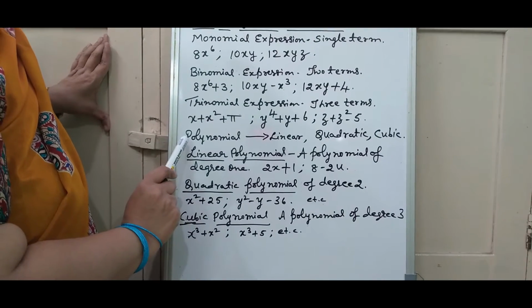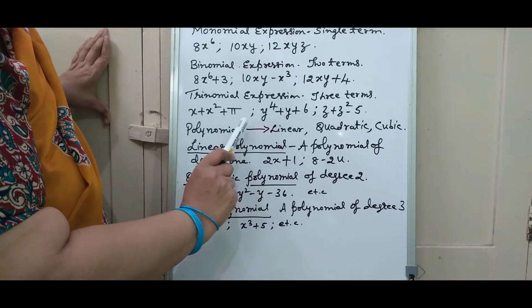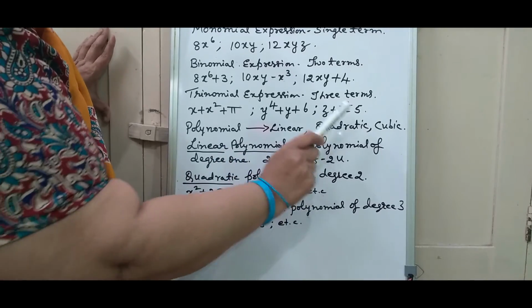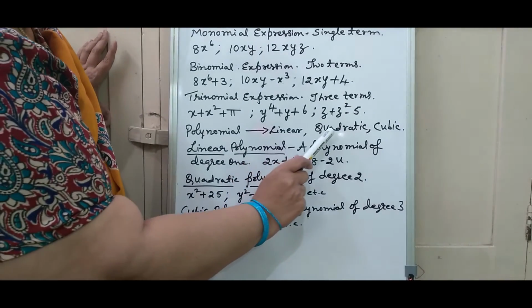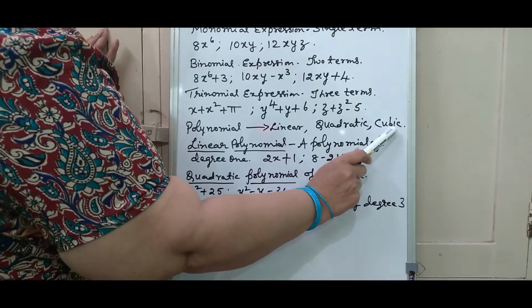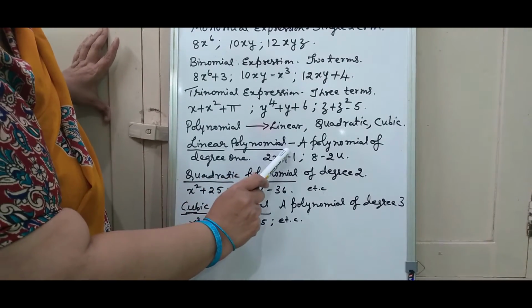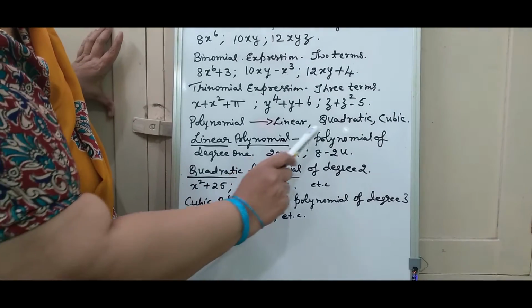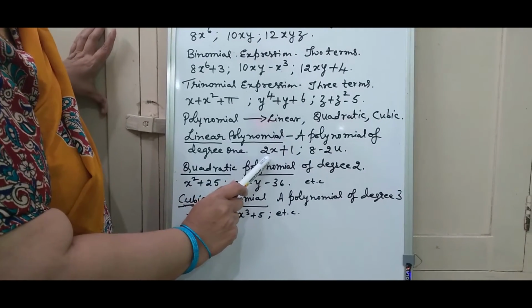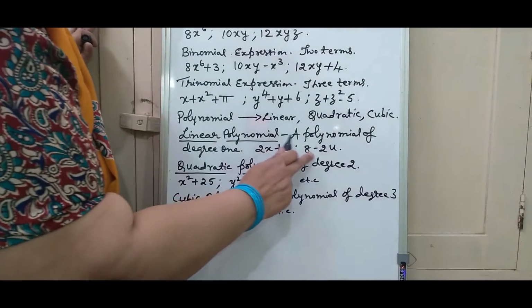The next will be polynomial expressions. Under these polynomial expressions, we can categorize again into 3 parts: linear expressions, quadratic expressions and cubic expressions. A linear polynomial expression is a polynomial of degree 1. See the examples here: 2x plus 1 and 8 minus 2u.